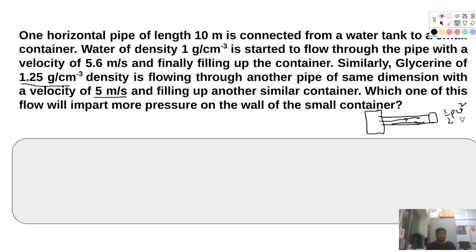So even if glycerin initially has higher kinetic energy, depending upon the total initial kinetic energy as well as the viscosity, we cannot surely predict that glycerin, even though it will have a greater half rho v square, will impart more pressure on the wall with respect to water.